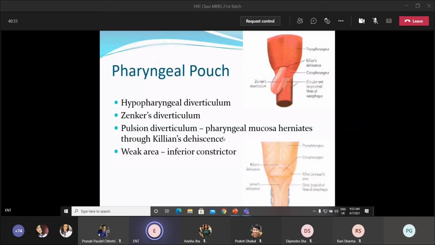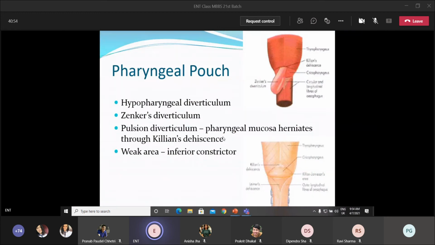pouch, also known as hypopharyngeal diverticulum or a Zenker's diverticulum. You need to know the other names as well. So this diverticulum is basically a pulsion diverticulum. The pharyngeal mucosa herniates through Killian's dehiscence.